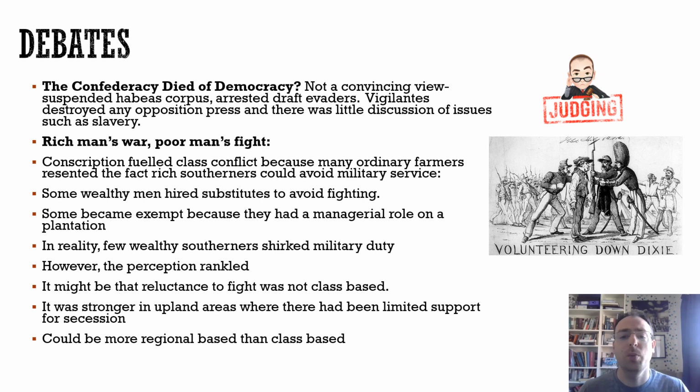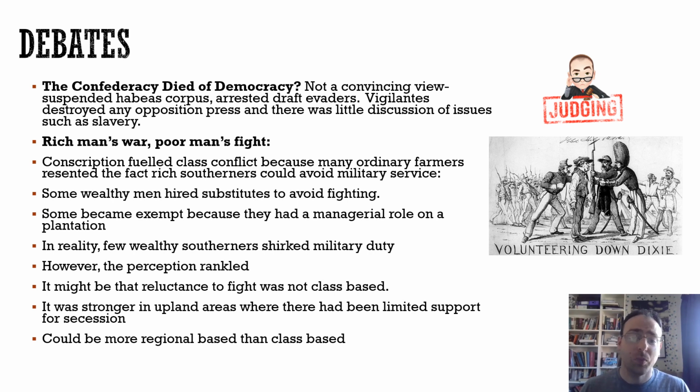Right, there are several debates that come out of this. One of the ones in terms of politics is the states' rights bits and how much that hampers the Confederacy that we've looked at already. There's one I'm not going to give a huge amount of time to, which is this idea that the Confederacy died of democracy. It was just too democratic for its own good. It's rubbish. I really do think it's a rubbish argument.